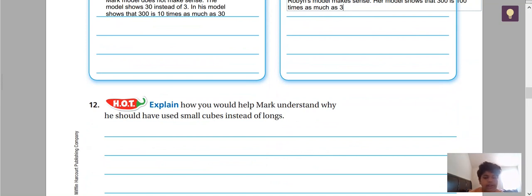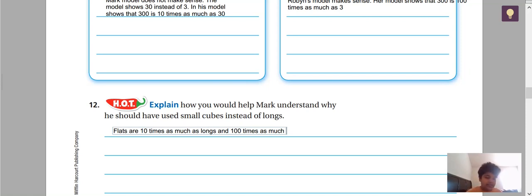Okay. Now, how would you help Mark understand why he could have used small cubes instead of longs? Well, how would we tell him? We could say that flats are 10 times as much as longs and 100 times as much as what?